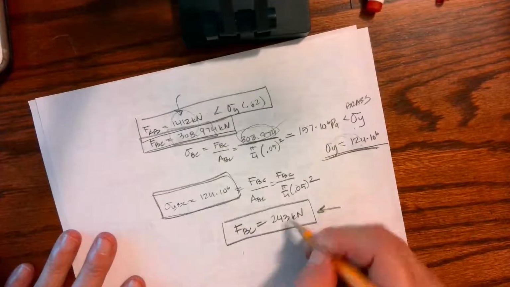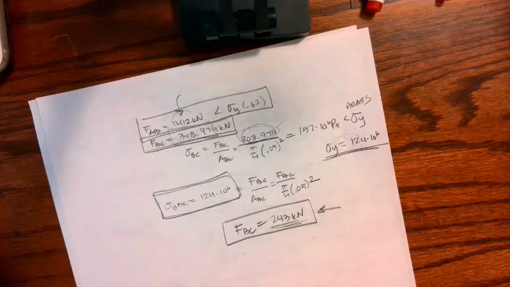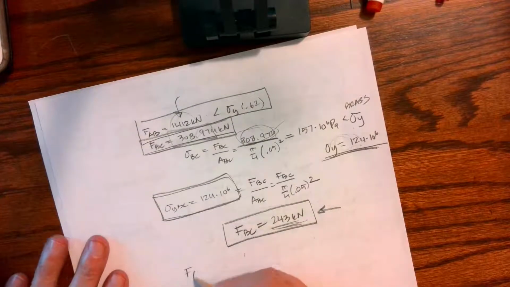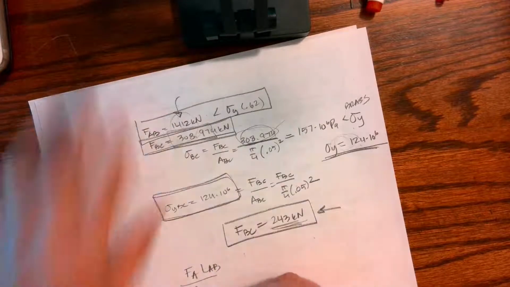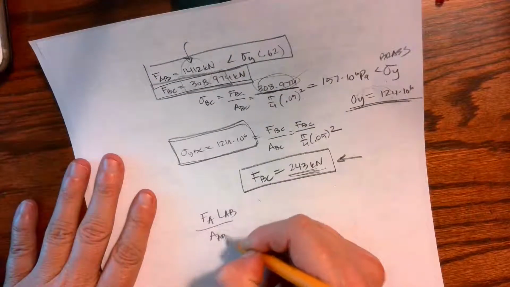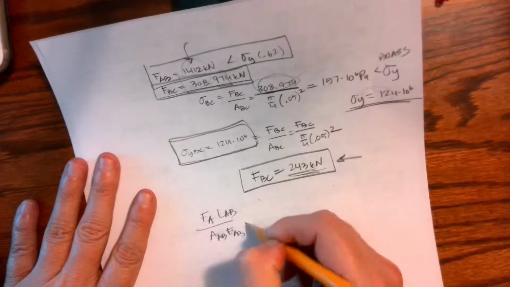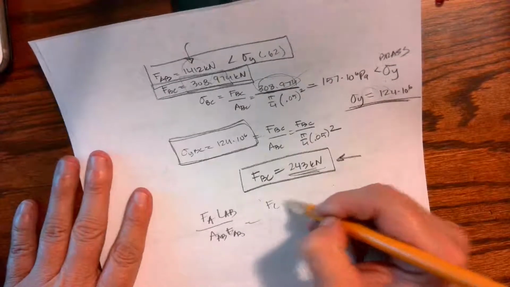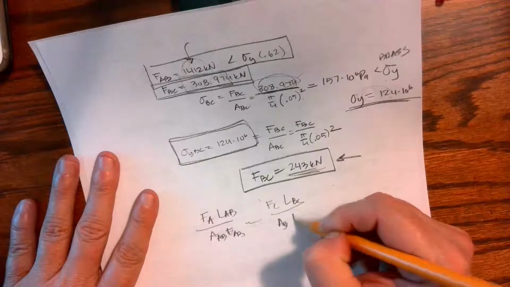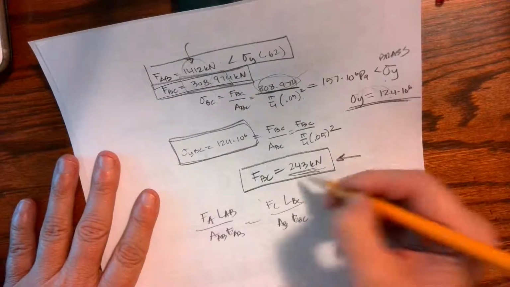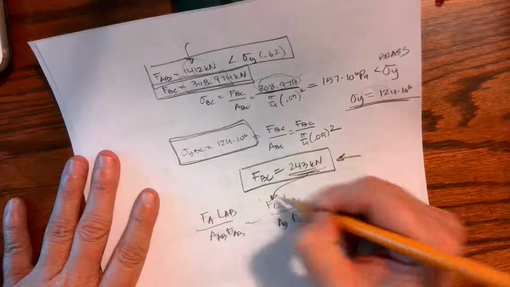So now that we know this value, we have to go back again. Force AB times length AB over area AB times EAB equals force BC times length BC over area BC times EBC, and this is now my limiting.